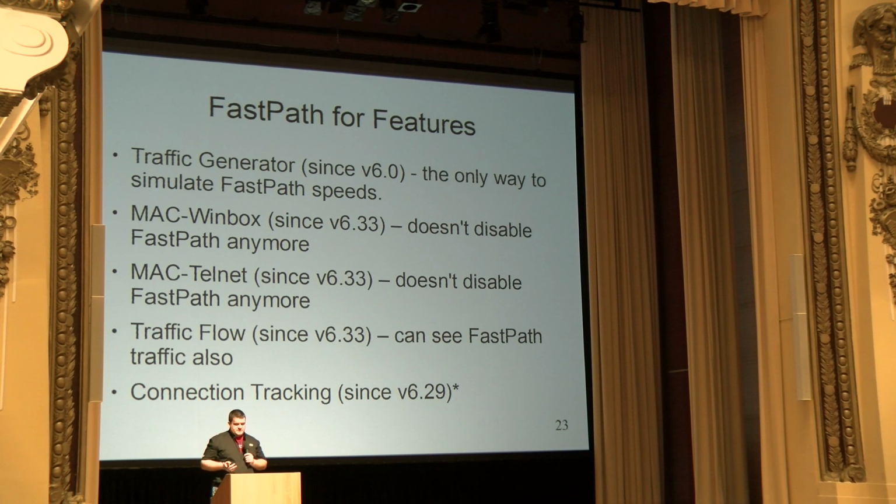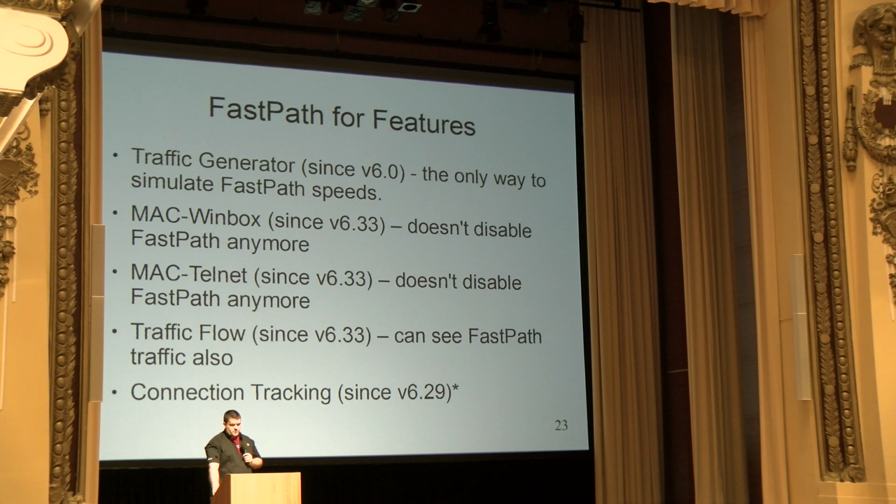With MAC Winbox and MAC Telnet, there was an issue that when you log in through MAC Winbox, you disable FastPath on your router, so everything starts to go the slow path way. That's fixed in version 6.33. These features now support FastPath, so you can use them without slowing down your router.